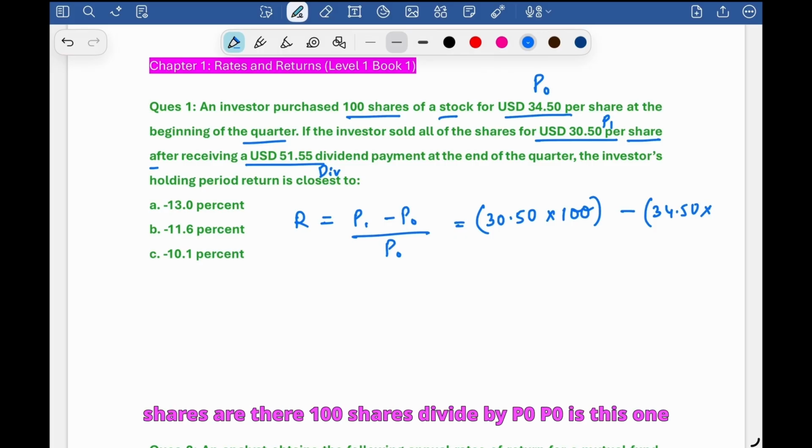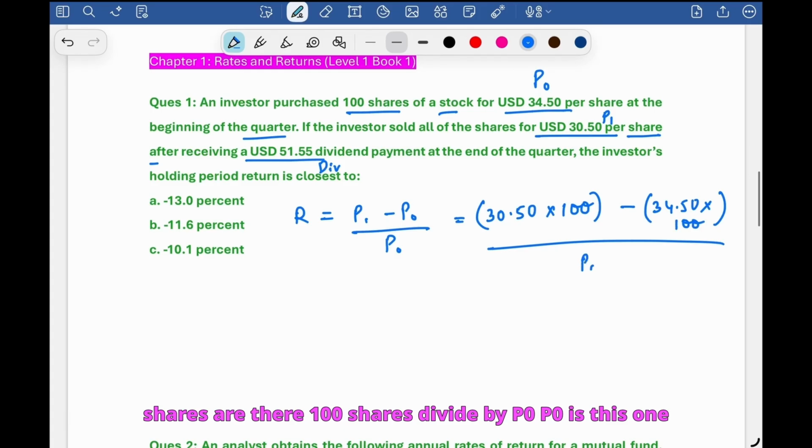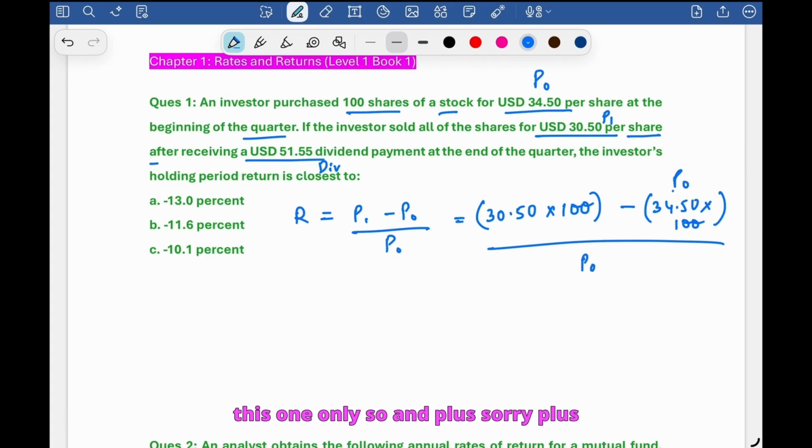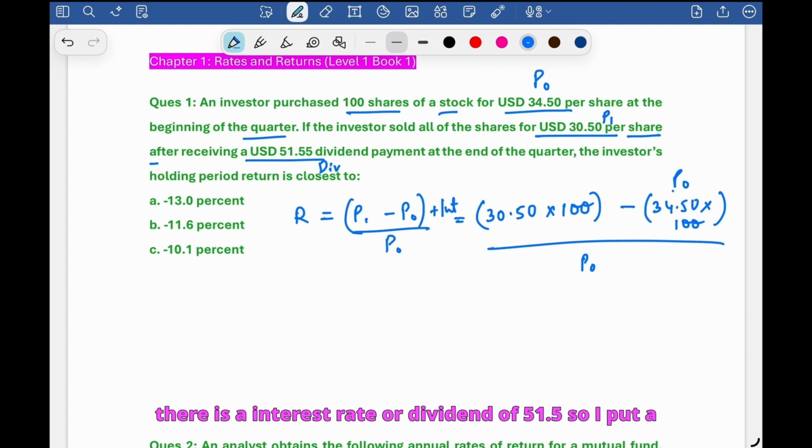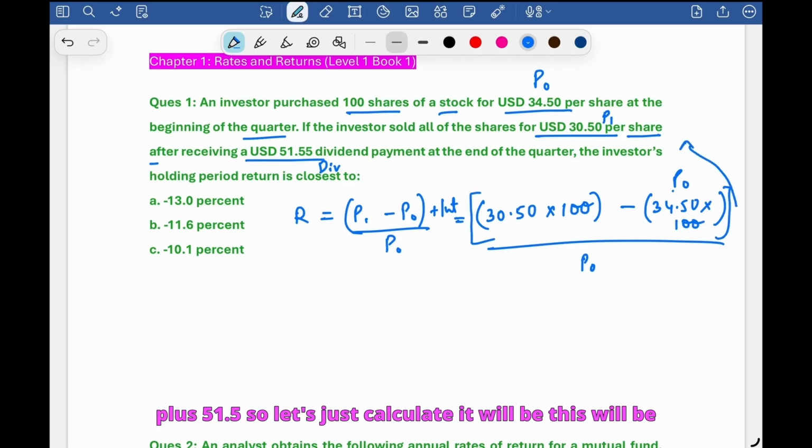How many shares are there? 100 shares. Divide by P0. P0 is this one only. So plus there is an interest or dividend of 51.55. So I'll put a bracket here, and in the numerator there is a plus 51.55. So let's just calculate.